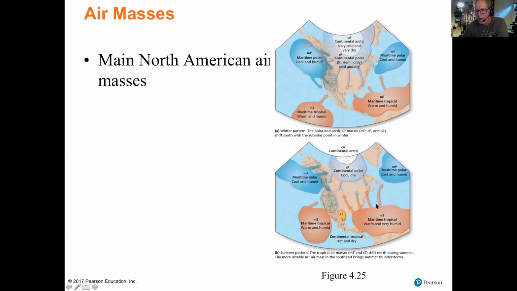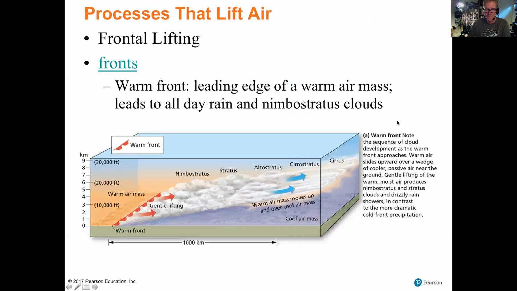But over here, all this warm, moist air is what creates our thunderstorm systems. And the two polars go up in latitude. And then the CP almost disappears entirely. Instead of really cold and dry, now it's just cool and dry. So those are the air masses that influence North America.